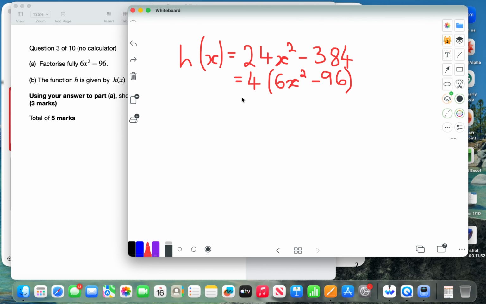So we've just got a factor of 6x squared minus 96. Now we can then use the factorisation that we found. So I'm going to then plug this in. And we'll do 4 times 6 is 24.